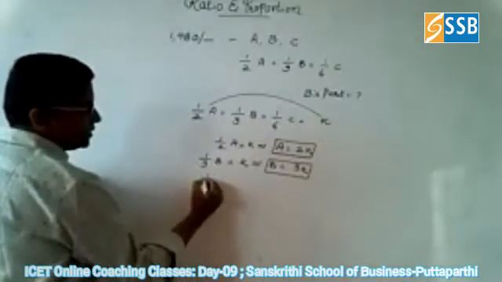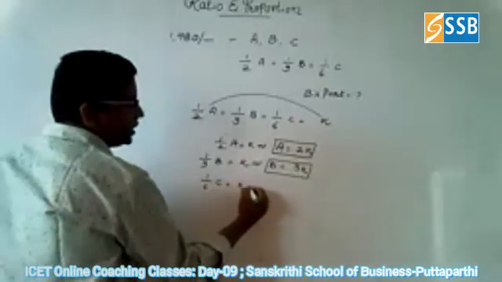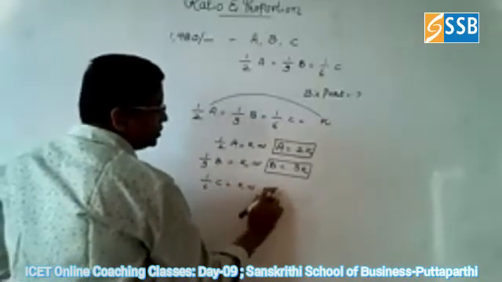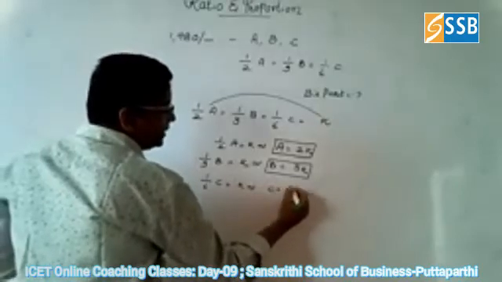What is C's part? 1/6 of C is equal to K, so C is equal to 6K.